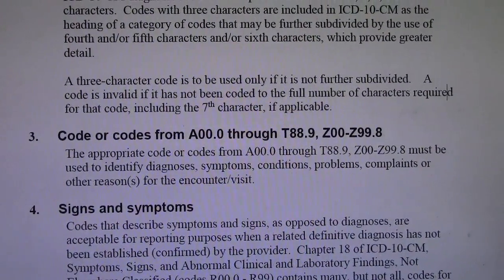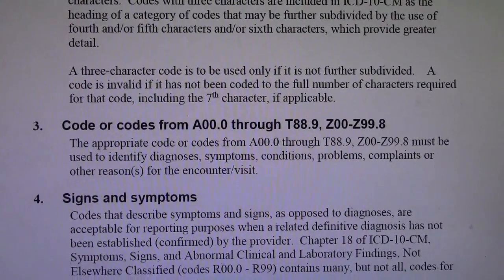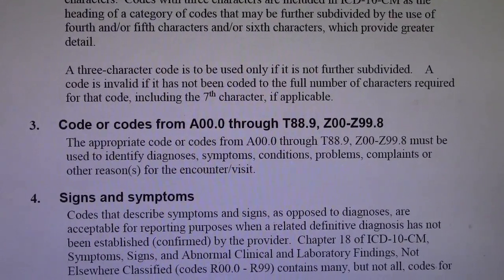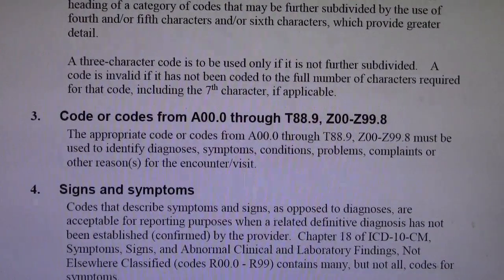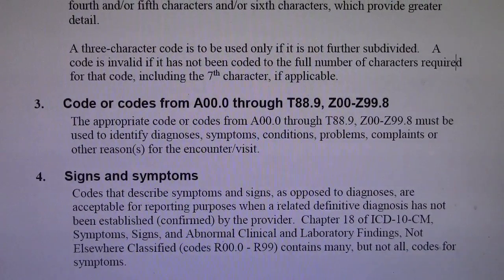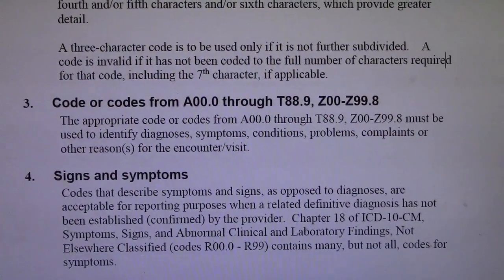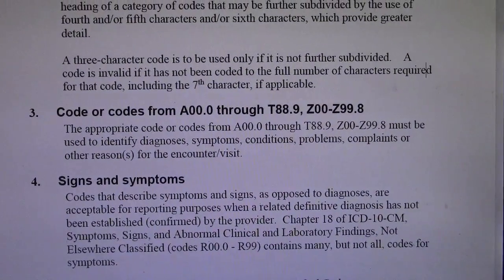And notice that gap. A through T are diagnoses, and then there are no U codes, QRST-U. There are no U codes. U has been omitted. And then V through W, X, and Y are external cause codes, which we'll get into at a later date.